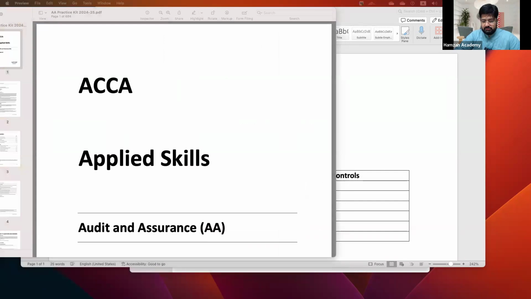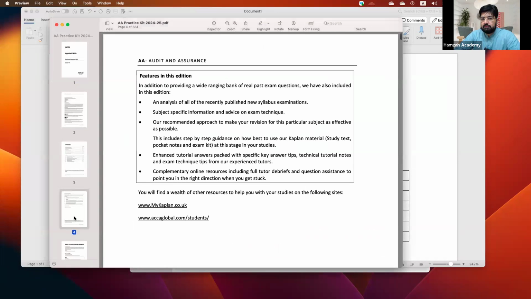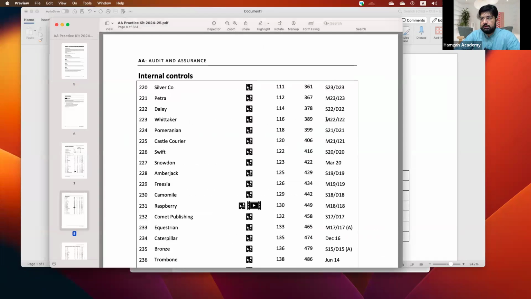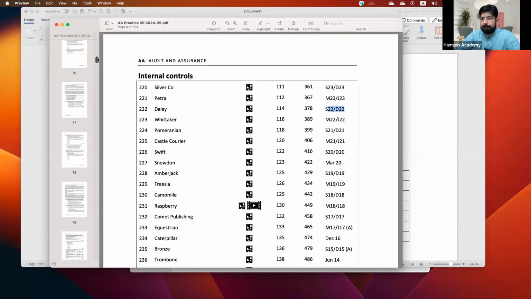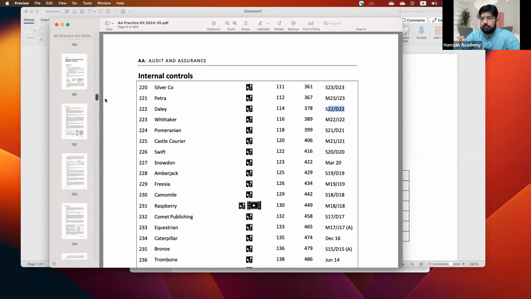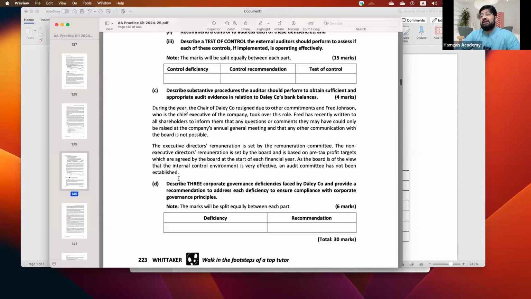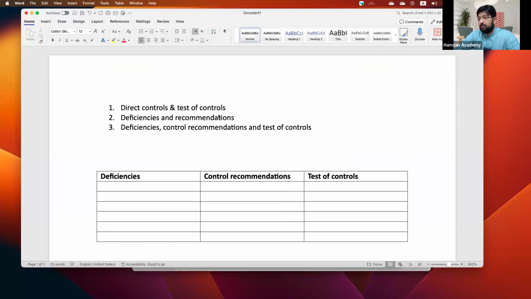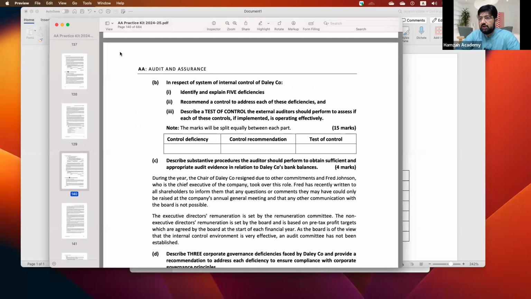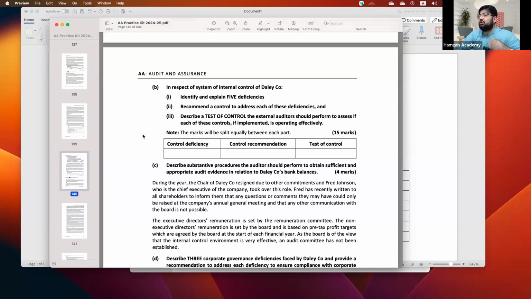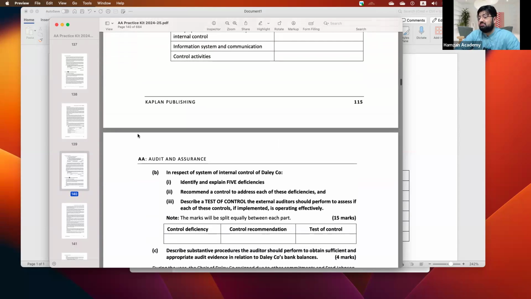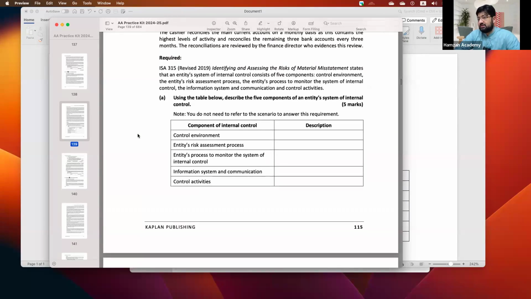Yes, the latest question was tested. I was wrong, sorry. I thought it was an old question, but it is a December 2022 question. That means it can be tested.